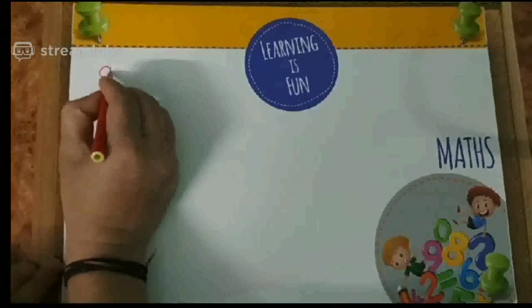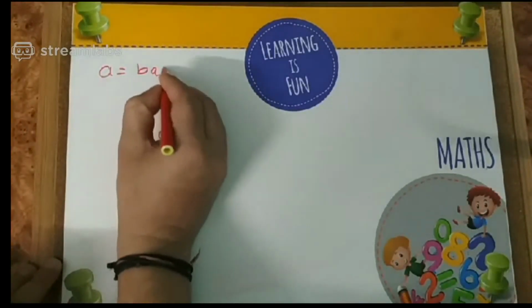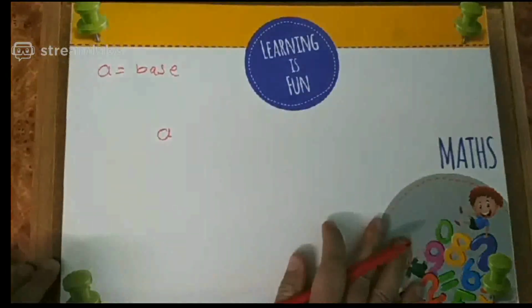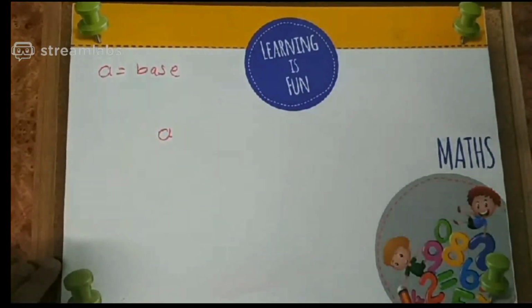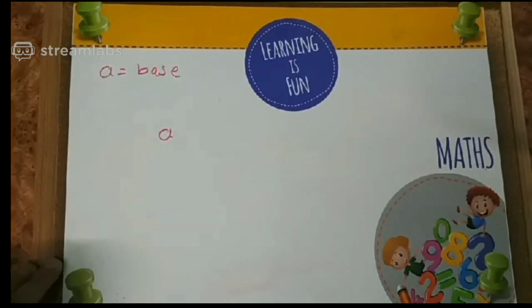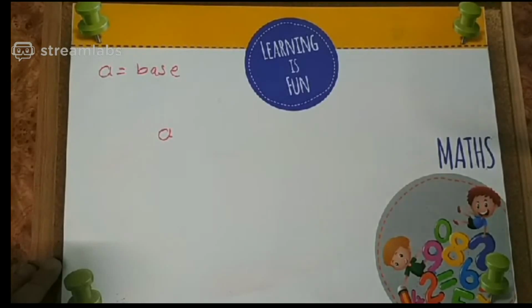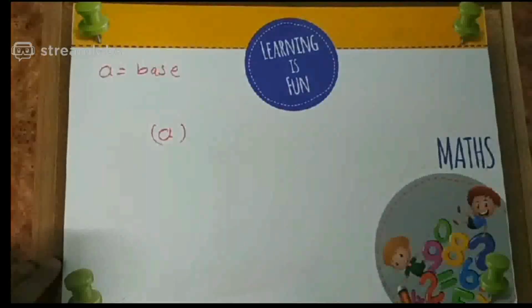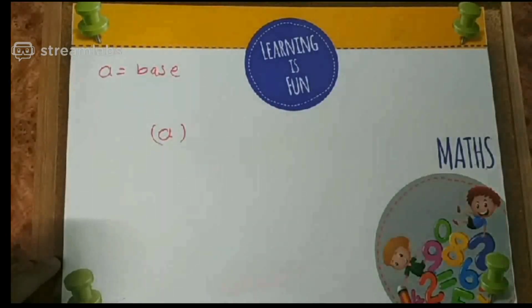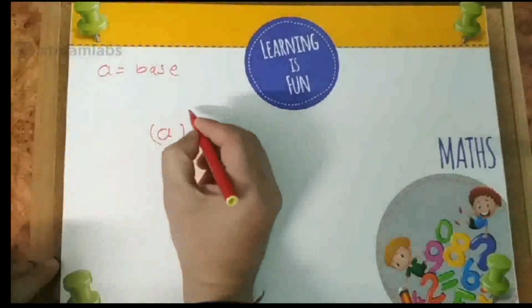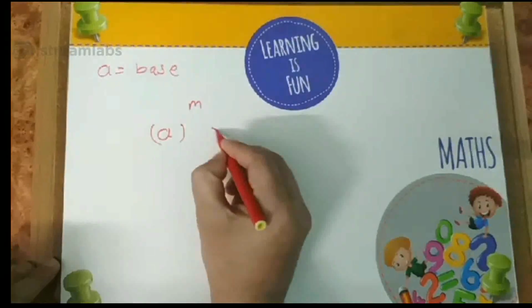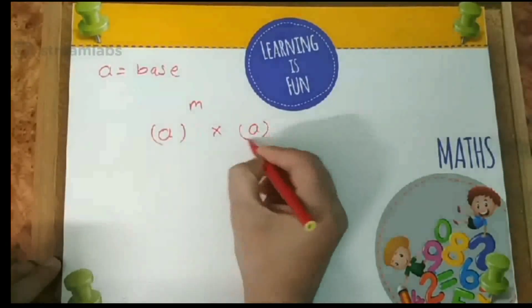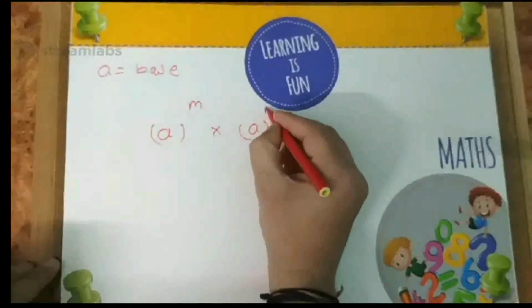Here a is the base, and a can be any integer. So a has power m, multiplied by a, also an integer, with power n.